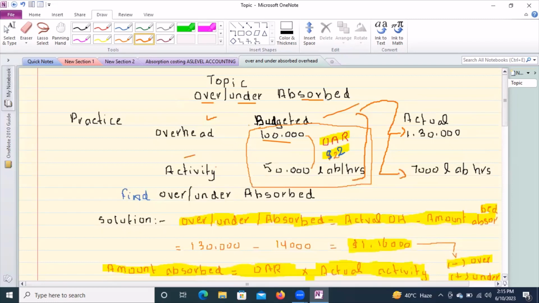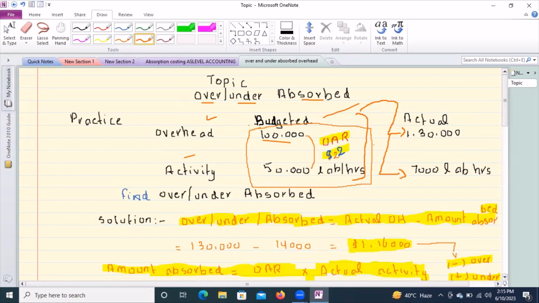And you forecasted that your activity level is 50,000 labor hours, but in real, your actual activity level is 7,000 labor hours. So you can see that there is a lot of difference in both amounts. So in that case, we have to find the over and under absorbed overheads.